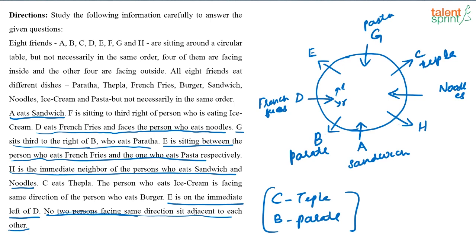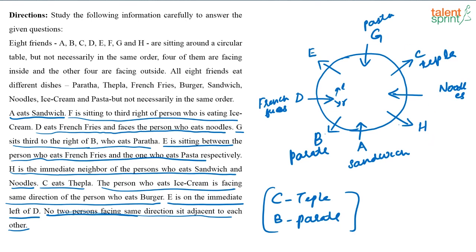Now who are we left with? Ice cream and burger. Correct. The person who eats ice cream is facing in the same direction as the person who eats burger. Okay, that's correct. Now C eats tepla I have used. F is sitting third to the right of the person who eats ice cream. So if this is the person who is eating ice cream, then which should be F? 1, 2, 3.